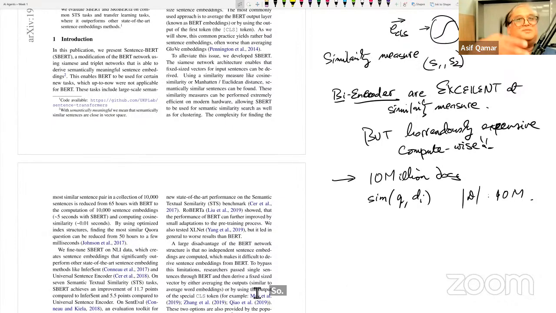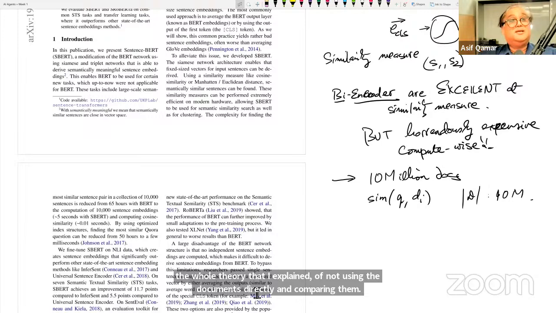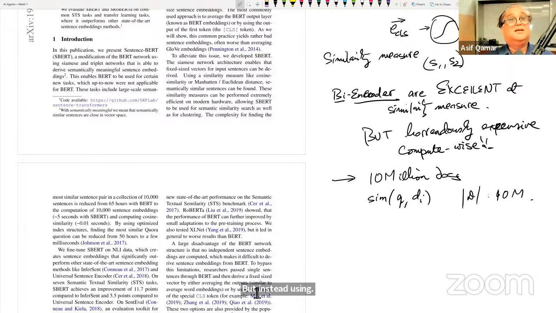And the whole theory that I explained of not using the documents directly and comparing them, but instead using, what did we use? Embeddings, vector embeddings. Convert each document into vectors. Store them. So that when a query comes, what do you do to the query? Convert it to a vector and just do a vector comparison.